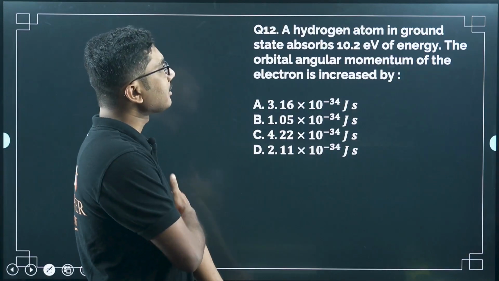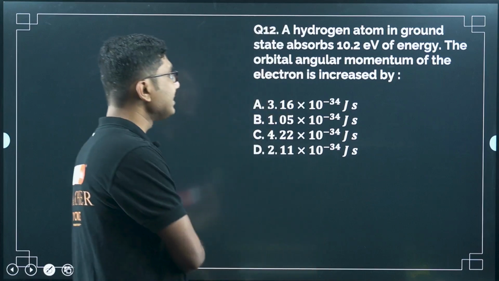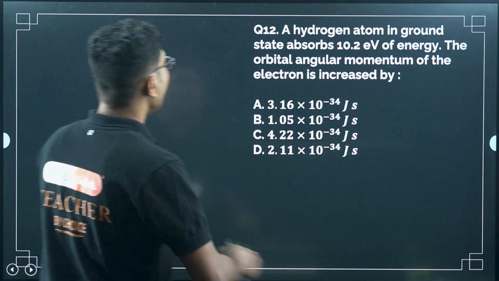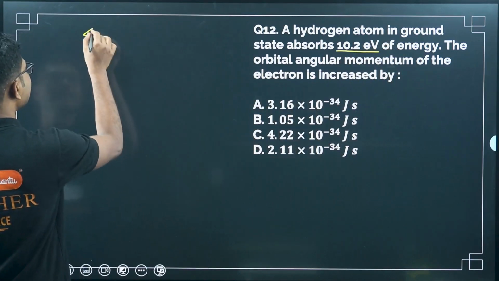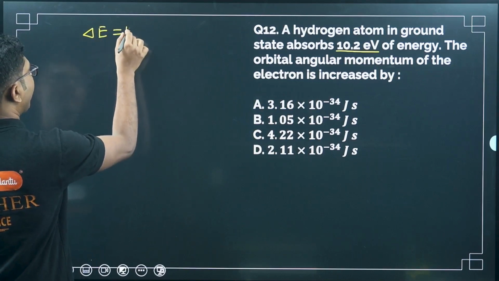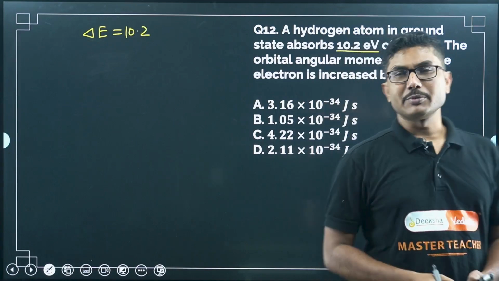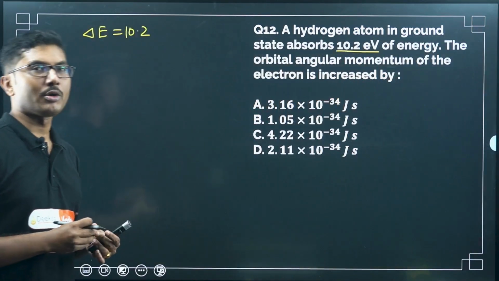A hydrogen atom in ground state absorbs 10.2 eV of energy. The orbital angular momentum of the electron is increased by. First of all, the difference in energy is given. So delta E is 10.2. This is a very interesting question, because you need to know when it will be 10.2, otherwise you will not be able to solve it.